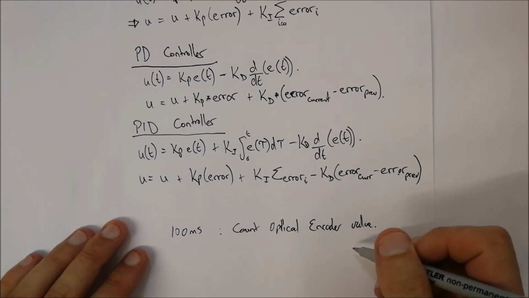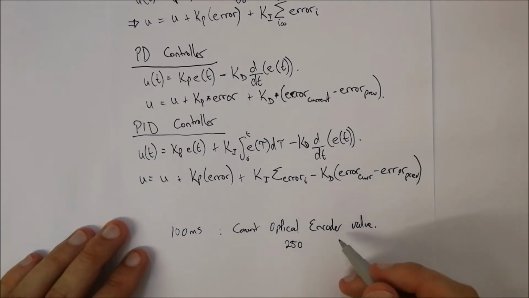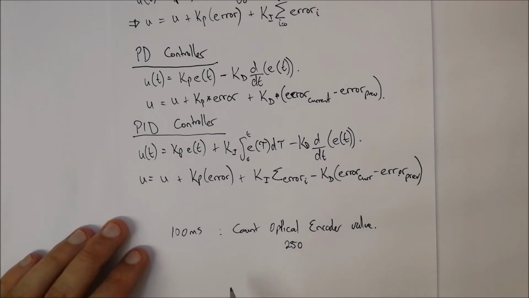And if we know we've got, let's say, 250 counts within that 100 milliseconds, we can correlate those 250 counts in terms of what is the actual speed of the motor.